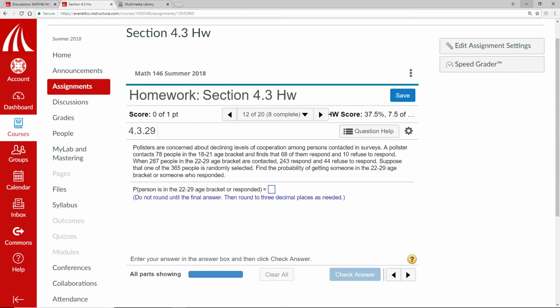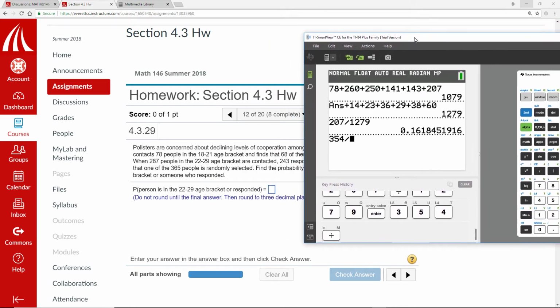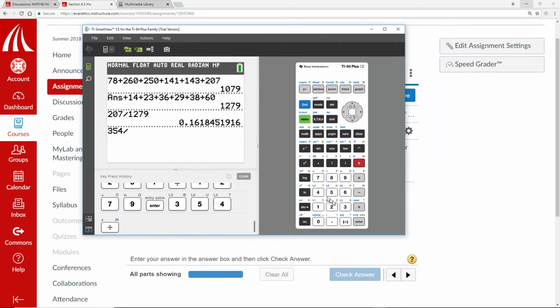Just get our calculator out. Divided by 365. And we're getting 0.9.